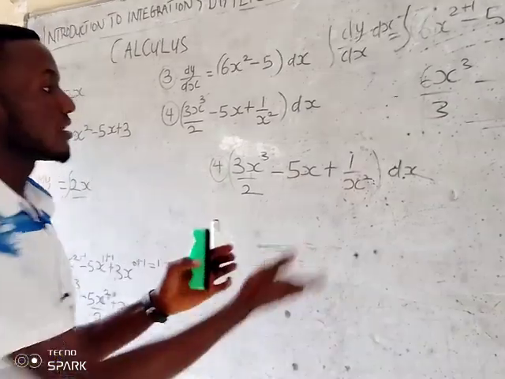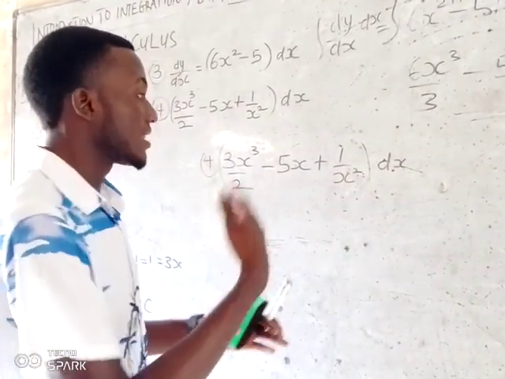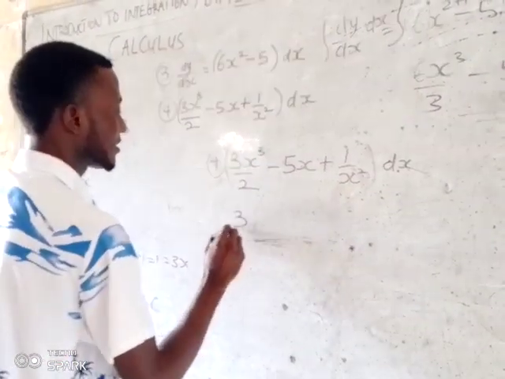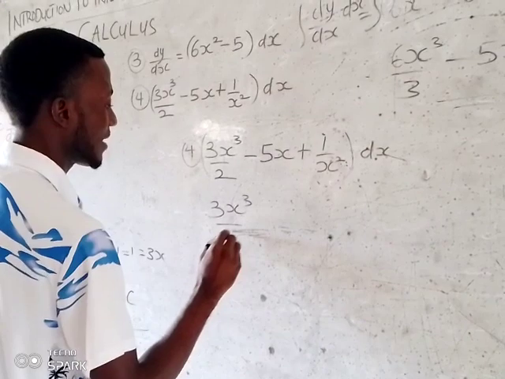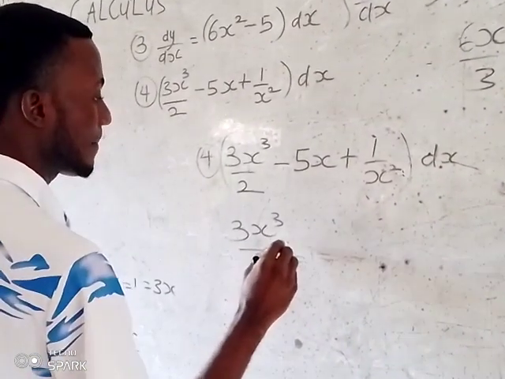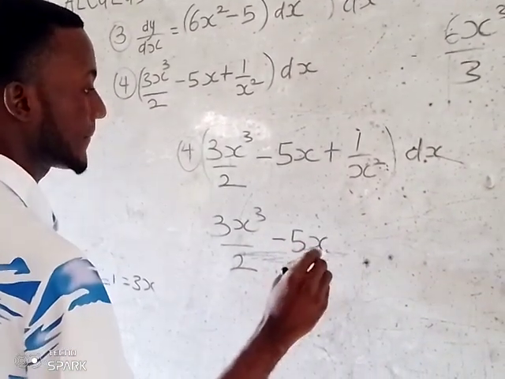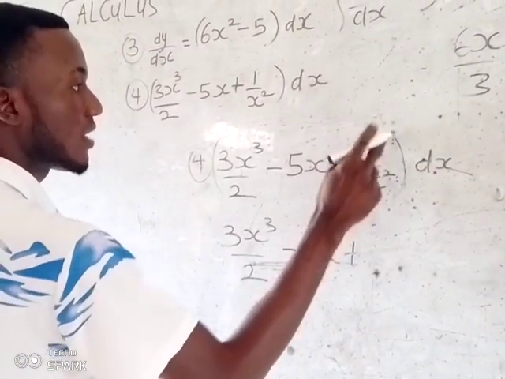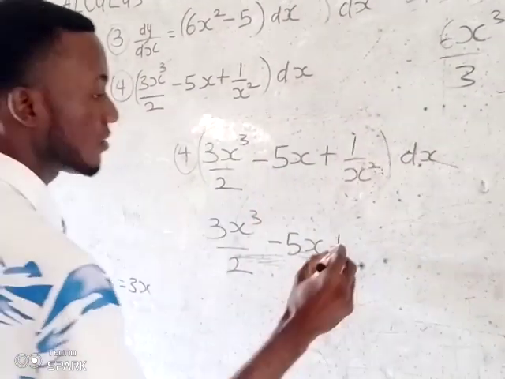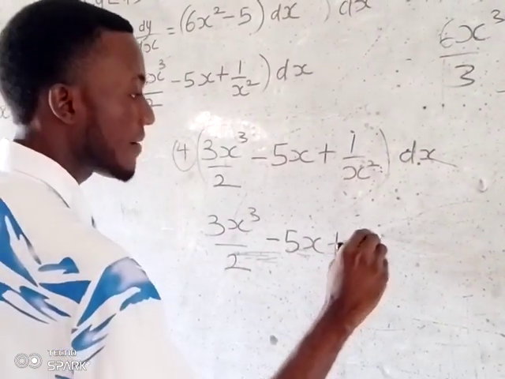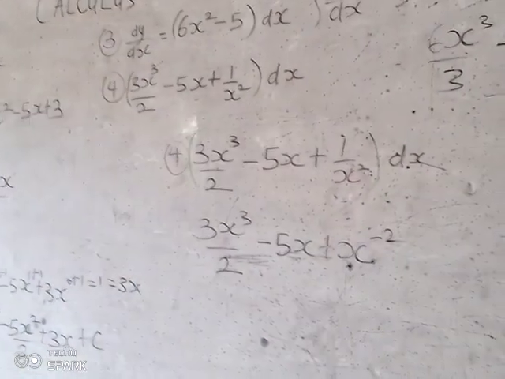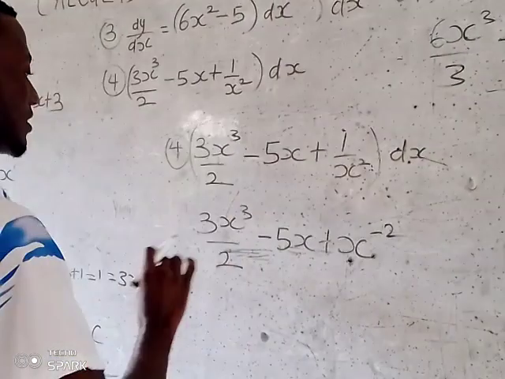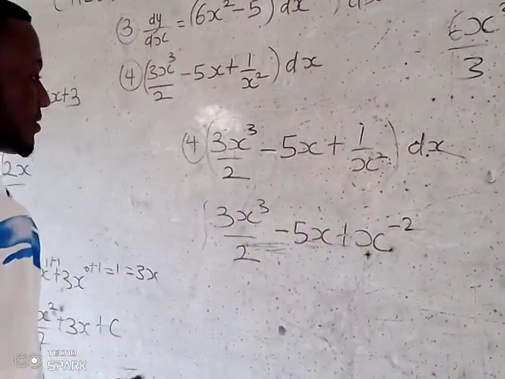So you are going to change this 1 over s squared to a standard form that will allow you to integrate directly. Writing this whole equation, you have 3s raised to the power of 3 divided by 2, minus 5s, now plus, rewriting this, taking this one up, this is the inverse of this, so you have s raised to the power of minus 2. After writing this, you can take the integral.